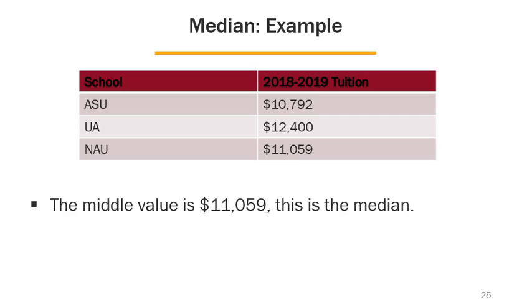So here's an example with the schools and the tuition. The middle value of these 3, we have the highest is here, so this might be the high. We have the lowest value is here, and this one, 11,059, is the middle value that we have there. Now again, these can be useful if there are extreme values.